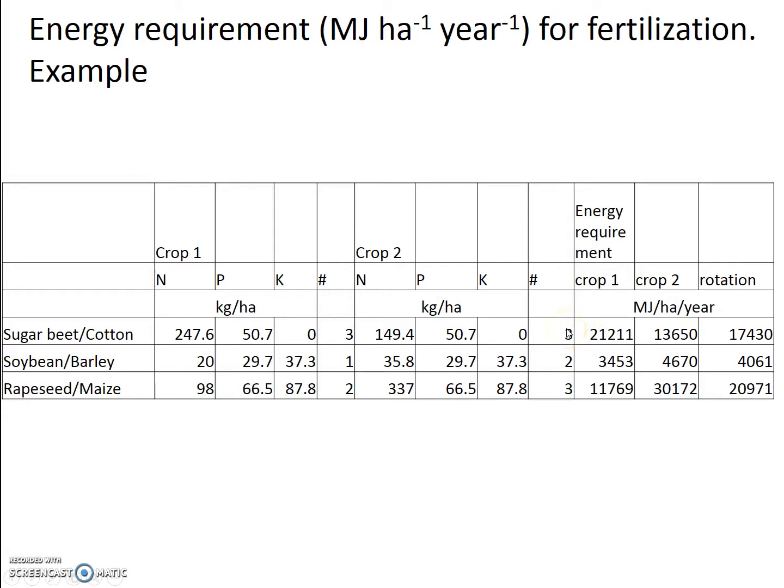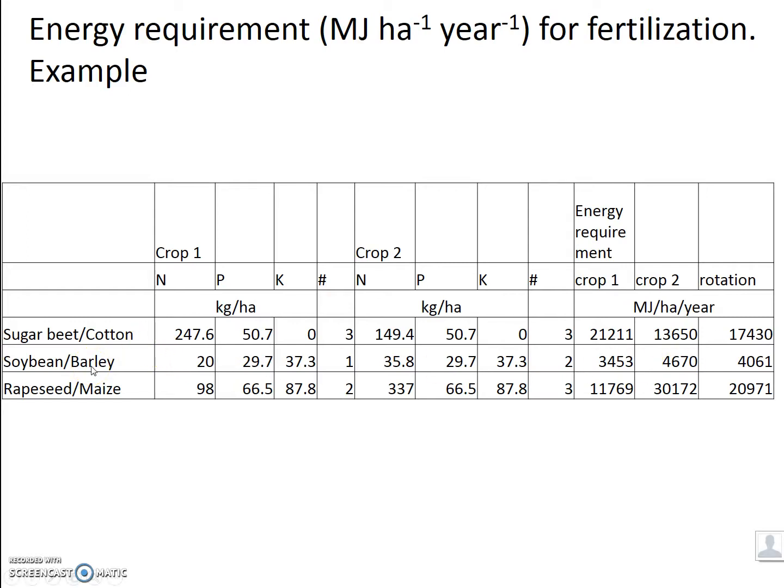Using the equation of the previous slides, we come up with a total energy requirement of 21,000 for sugar beet and close to 14,000 megajoules per hectare per year for the cotton crop. The average, in other words, the rotation value, is 17,000 megajoules per hectare per year.